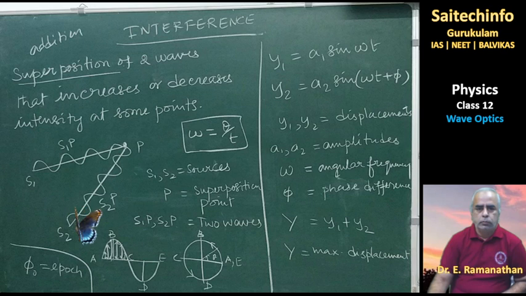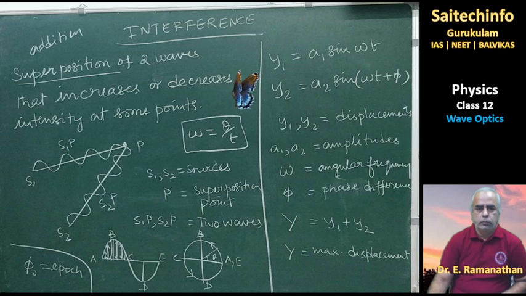And what about omega? Omega is the angular frequency. For instance, you have got 0 degree here, and it tends to an angle theta. Okay, so this is theta, the angular displacement. What is theta? Angular displacement.